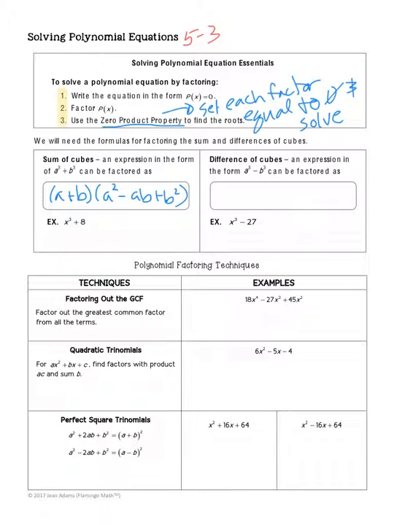So remember that the pattern would be take the cube root of each of these and it goes here, a and b. And then forget about this. You're going to focus solely on the binomial. To get this trinomial, you'll take these and square them. They become your bookends. And then to get the middle term, you're going to just multiply the a and b together and you get ab. As far as your signs go, remember that these are the same, these are opposite, and this is always positive.